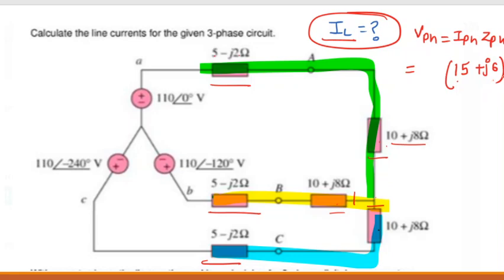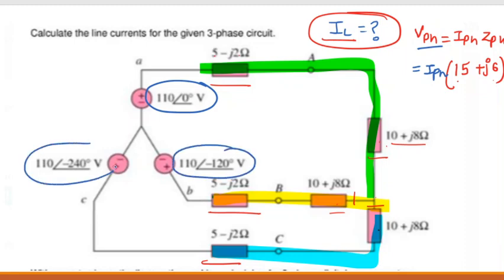So 15 plus J6, that is ZPH, correct? IPH we need to calculate, and you know VPH is VL by root 3, correct? They have given different angles, so no problem, we can calculate different line currents.